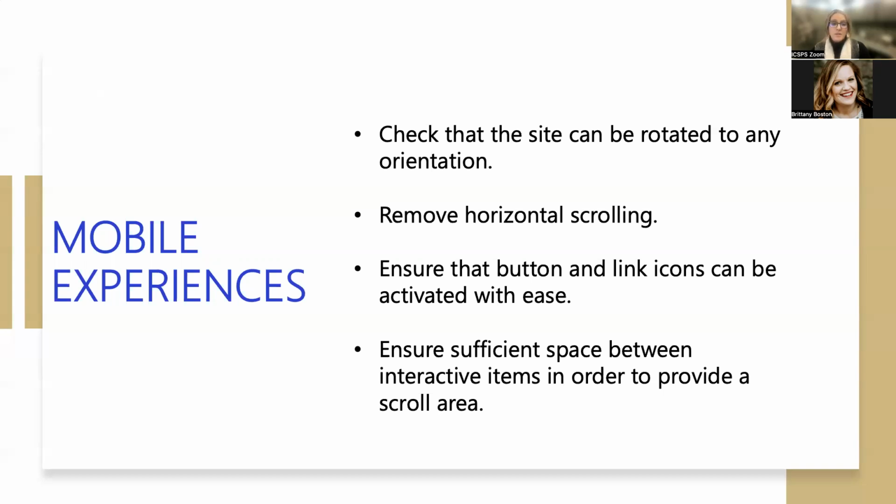Some people who experience motor control issues, such as hand tremors, may have a very difficult time scrolling past interactive items that have zero spacing. So we want to ensure that there's sufficient spacing between any kind of interactive items, whether it's a video or a hyperlink or a button. Those are all considered interactive items on our website.